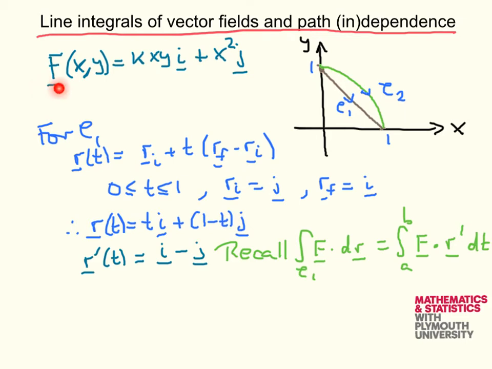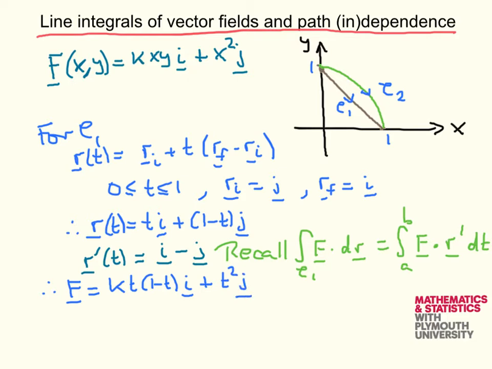So with that we can rewrite f. f as a function of t is kappa times x, and x is t, times y, which is 1 minus t, so that's in the i direction, plus x squared, but x is t, so it's just t squared j.